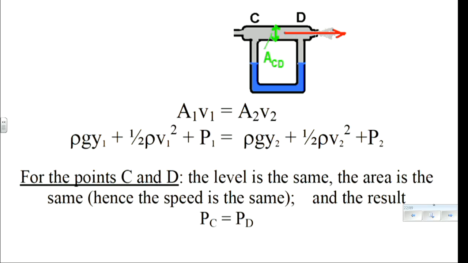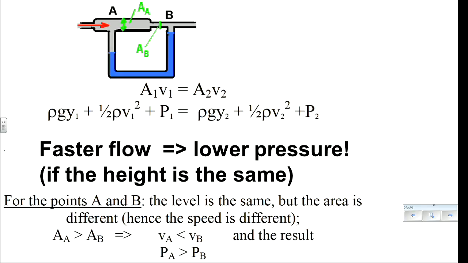But the next part of the tube is different. See, it's connected differently. Here it's connected to a wide part of the pipe, and here it's connected to a narrow one. So first of all, if you have a garden hose, attach it to a faucet, turn it on, and you squeeze the nozzle, it shoots higher, or longer, because it starts traveling faster.